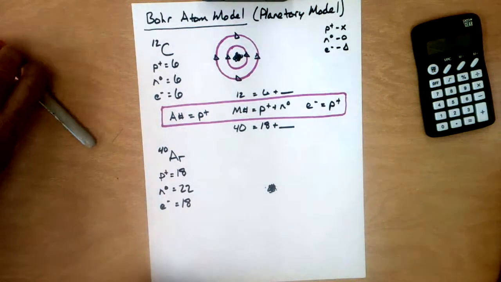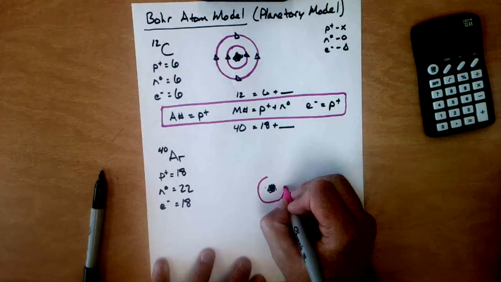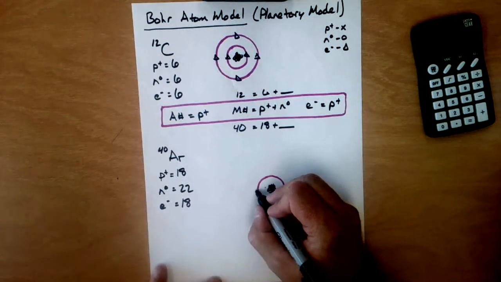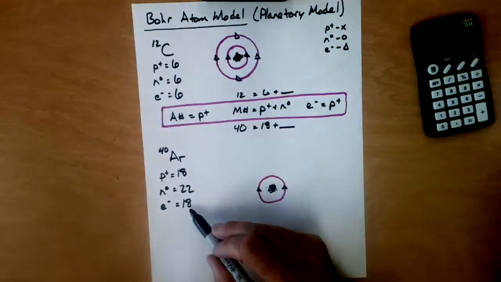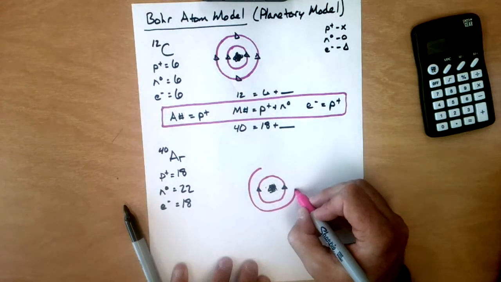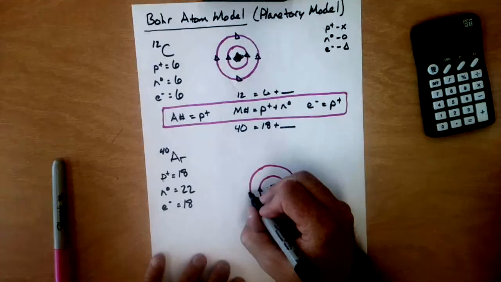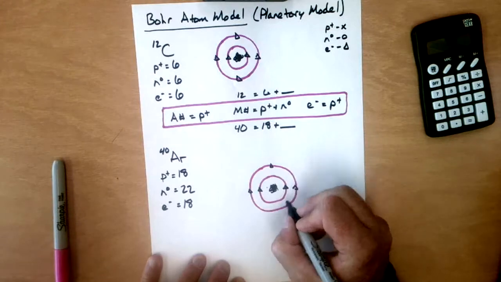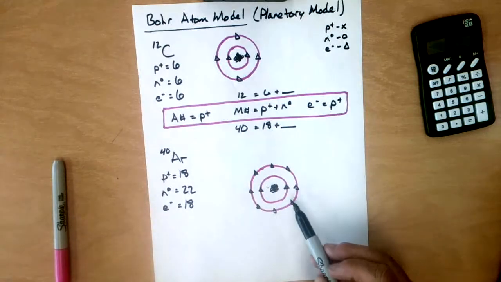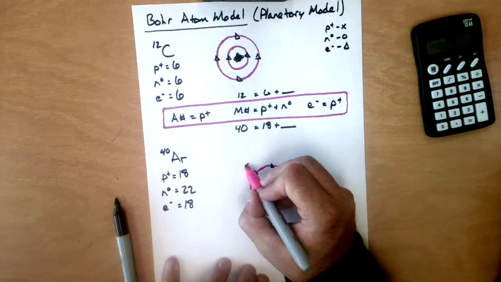And then now I'm going to put my electrons in. First energy level holds 2. And I have 18 total, so I need another energy level. It could hold 8, and I will put 8 there. 1, 2, 3, 4, 5, 6, 7, 8. I now have a total of 10. So I need another energy level.